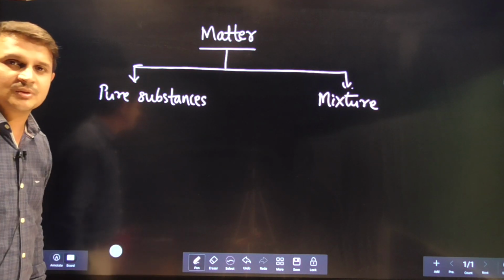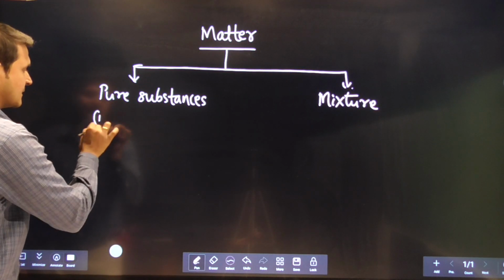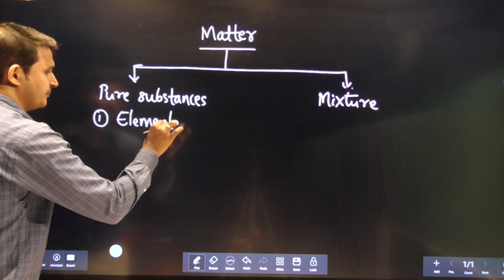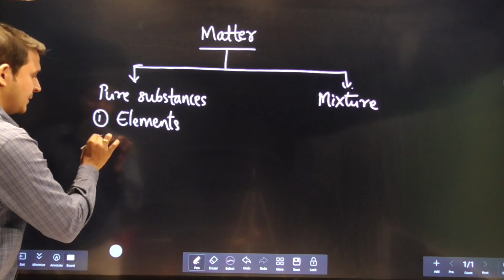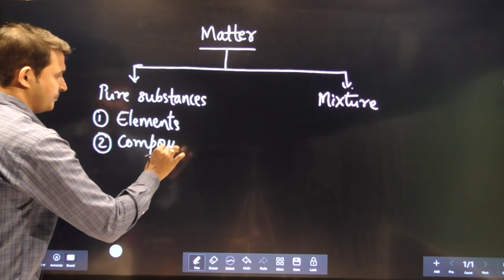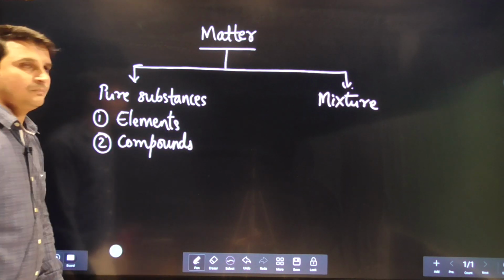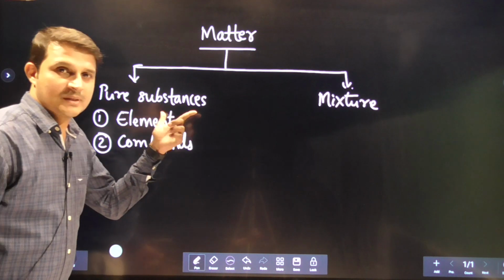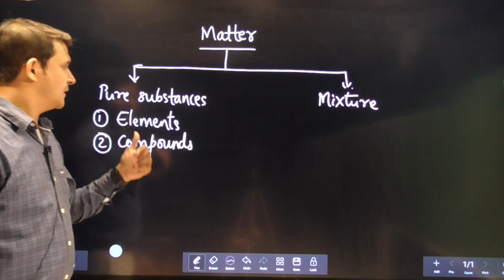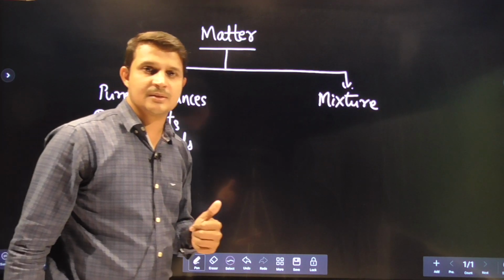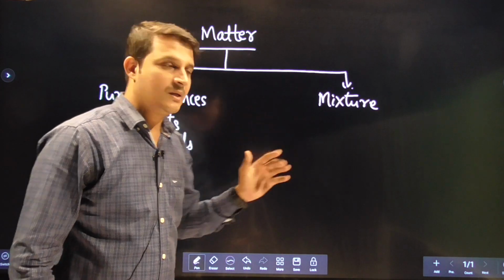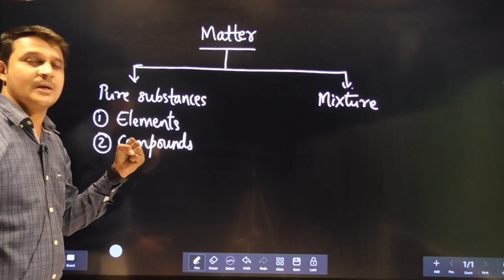What are these pure substances? These pure substances can be elements or compounds. Their constituents are fixed throughout, so they have a fixed constituent of atoms.